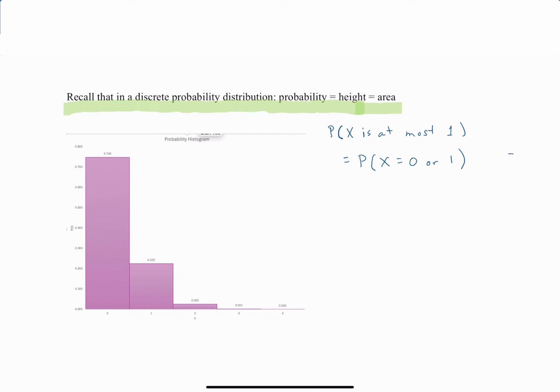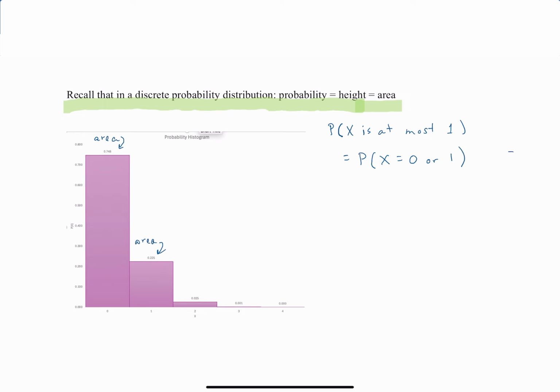So we have area equals 0.78 for the first one. That's when X equals 0. We have area 0.225 for when X equals 1. So that gives us the probability also.